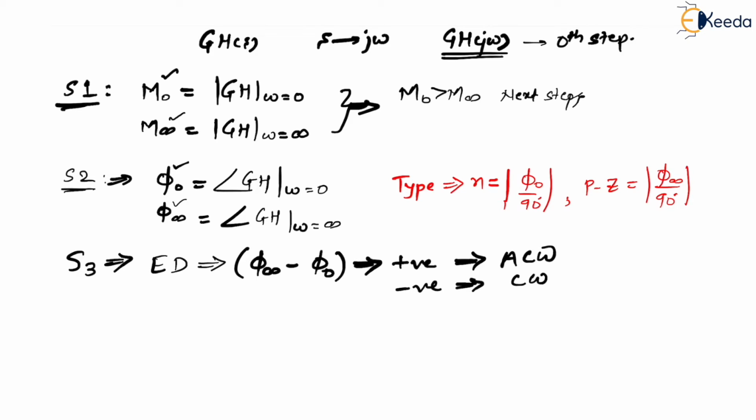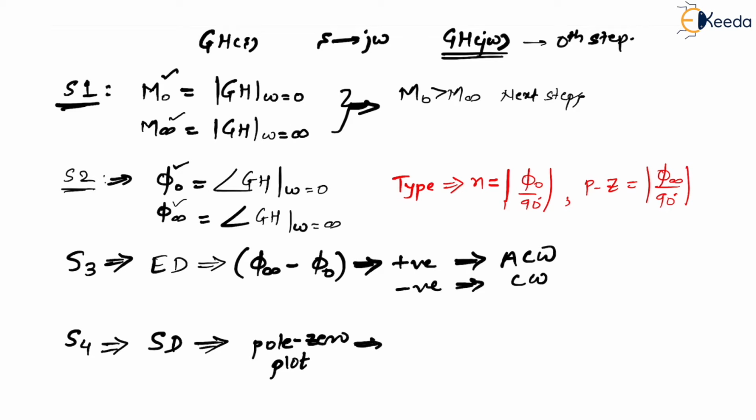And then step 4, which was the last step, was to find the starting direction. Here we need to ignore the poles or zeros on the imaginary axis, and see whatever is closer to the origin in our pole-zero plot.